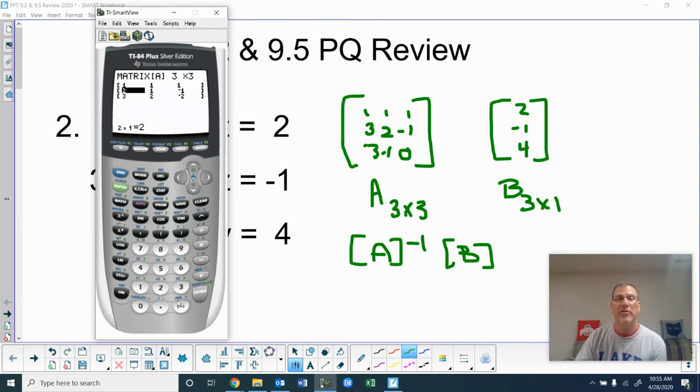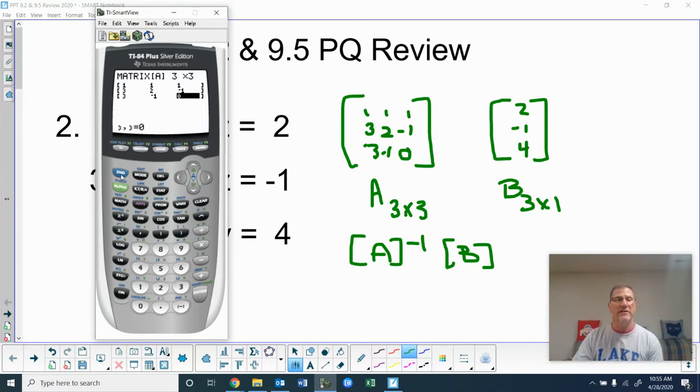For the top row, 3, 2, -1. Don't forget your negative sign. And then for the bottom row, 3, -1, and then 0. When there's no variable in that spot, put a 0.